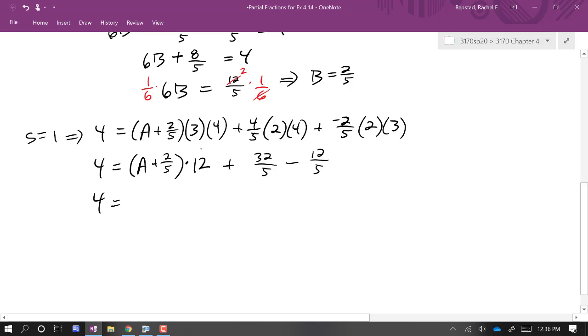We distribute that 12, so we get 12a plus 24/5 plus 32/5 minus 12/5. And this gives us 24 plus 32 minus 12, which is 44/5.